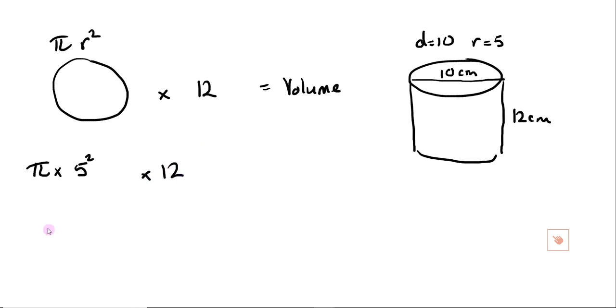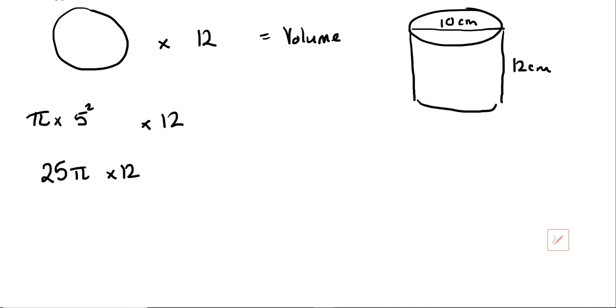So that would be 25 pi times 12, so exact form. Was it? 300 pi? Cubic centimetres. But that's an exact form, and as a decimal it would be.